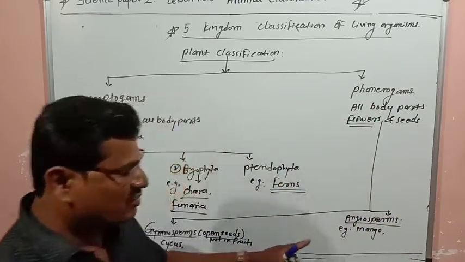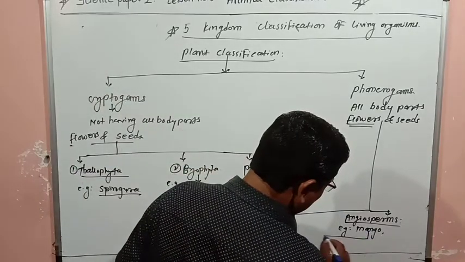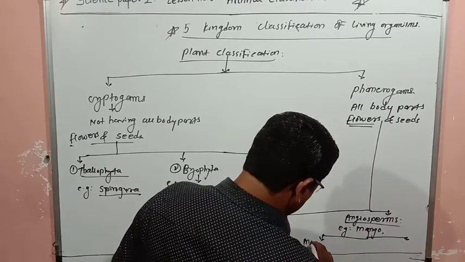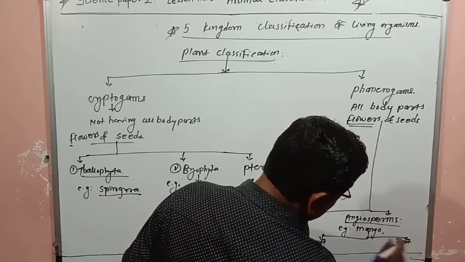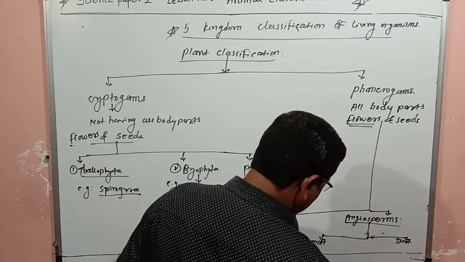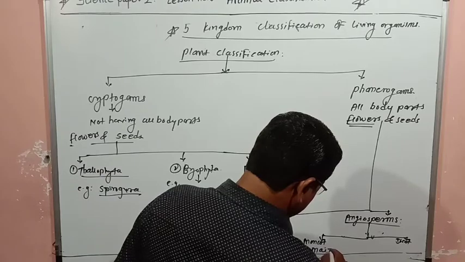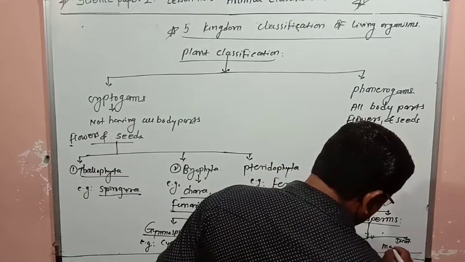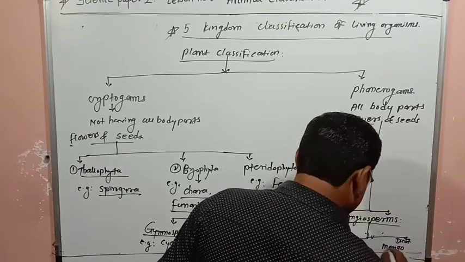Angiosperms are again classified into monocot and dicot. An example of monocot is maize; for dicot, the mango.